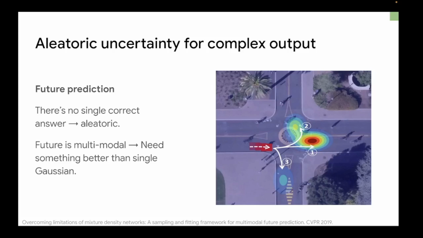But for predicting the future in general, the space of possibilities is way too large. It's a very high dimensional space. So yes, this is continuous still, but the dimensionality is way too huge. And also, you cannot possibly model this with a single Gaussian as we did for the regression problem now, because typically the future is multimodal.